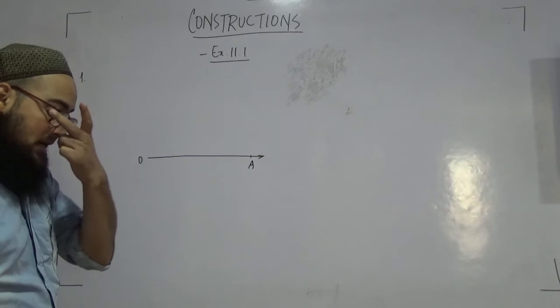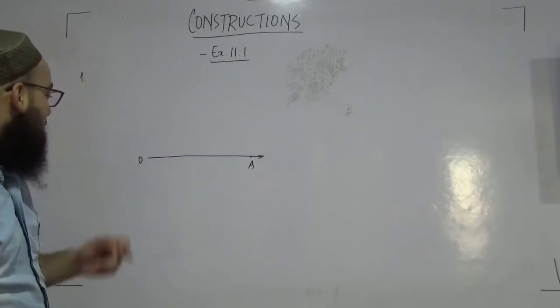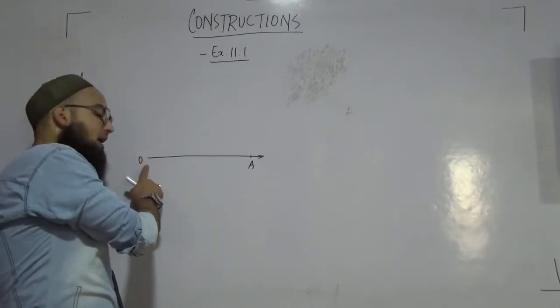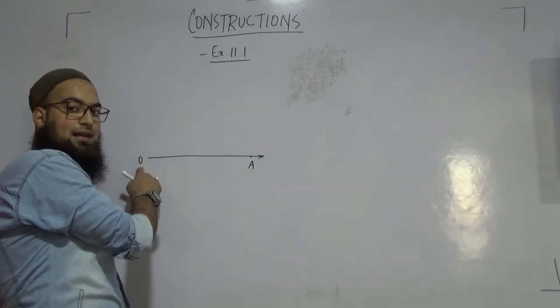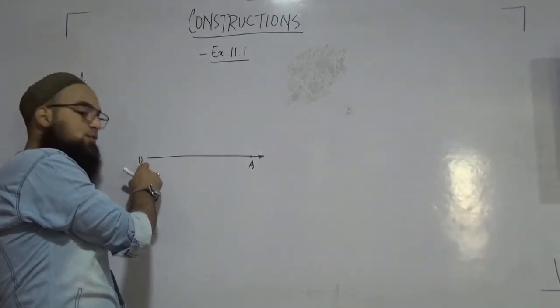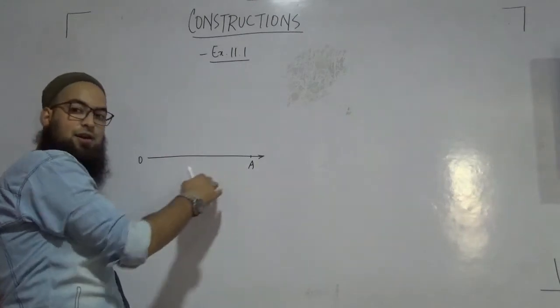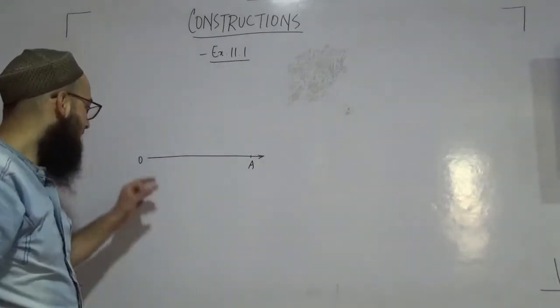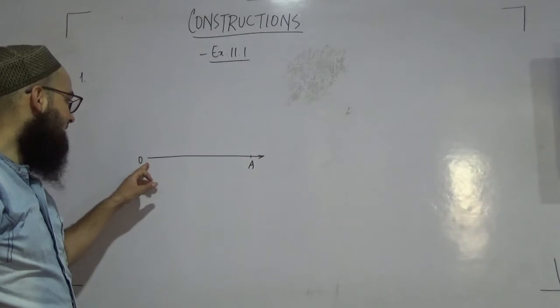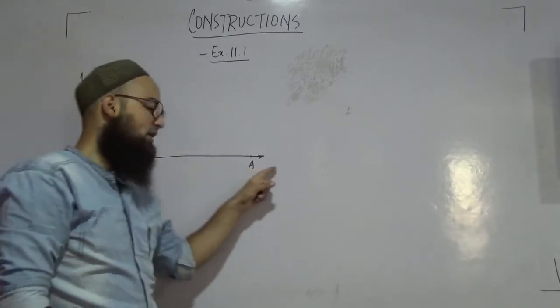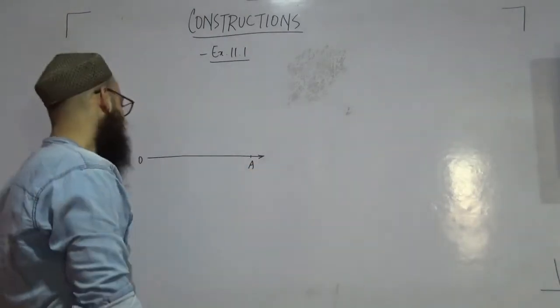Now you are going to draw a 90 degree angle at this point, the initial point, because when you draw a ray, there are two points. One is this point, called the starting point or the initial point, and this point is called the terminal point.